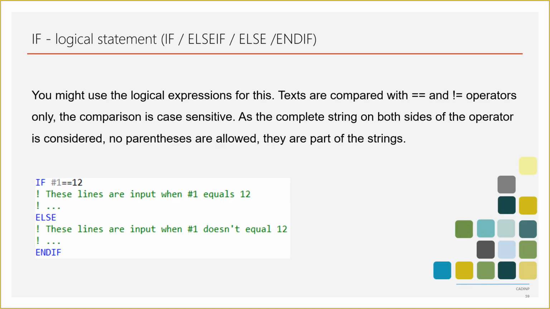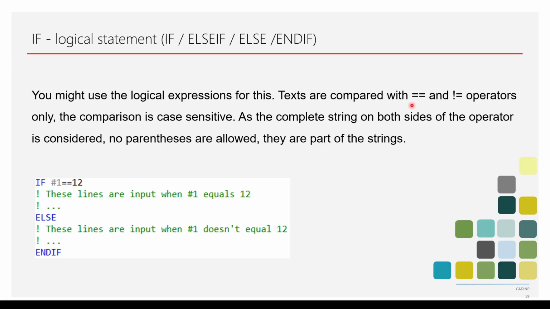To compare text in the software, you can use logical expressions with the double equal sign and exclamation point equal sign operators only. It is important to note that the comparison is case sensitive and the complete string on both sides of the operator is considered, so parentheses are not allowed as they are part of the strings.